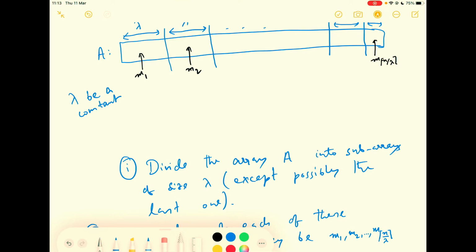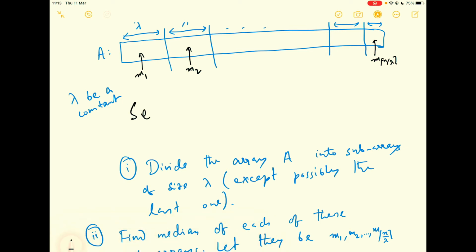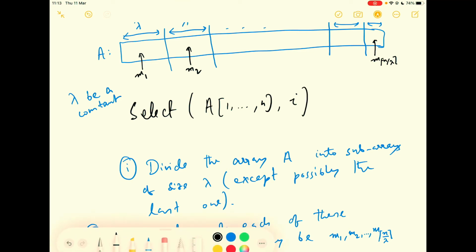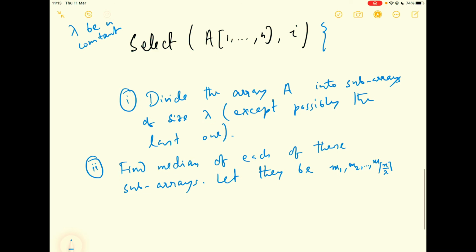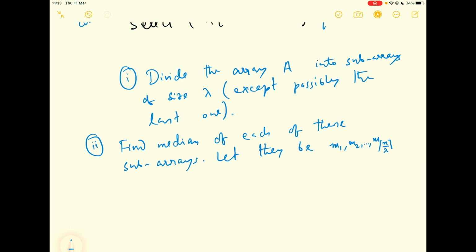So let me name my algorithm as, this is not random select, this is simple select, and it takes an array A, say 1 to n, and an integer i, and it is supposed to return the ith smallest element in this array A. Okay, and now using the same subroutine, I find the median of these elements.